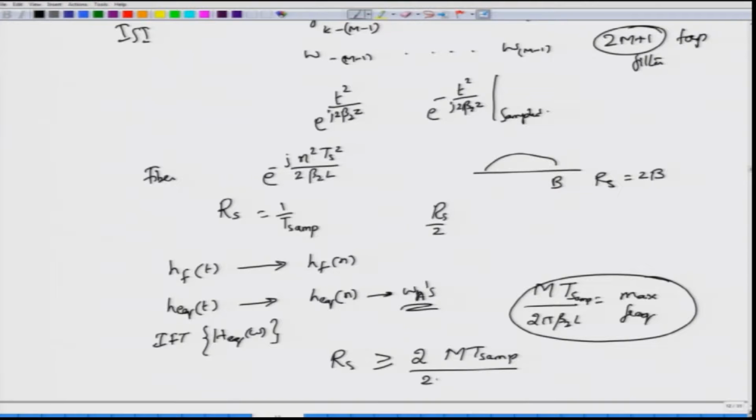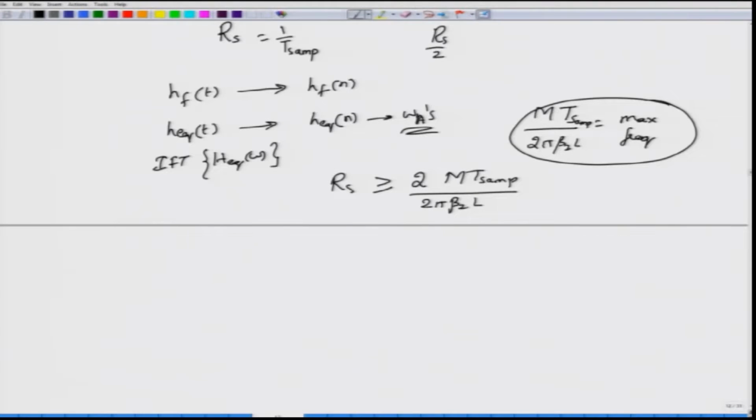You can cancel off 2, which means that m has to be greater than or equal to a value of pi beta 2 magnitude L divided by t sample square. Okay. You have to choose this to be appropriately such a length. Typical values of m turn out anywhere between 17 to 23 with an acceptable performance.